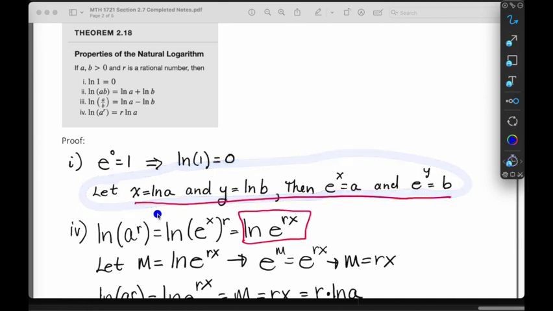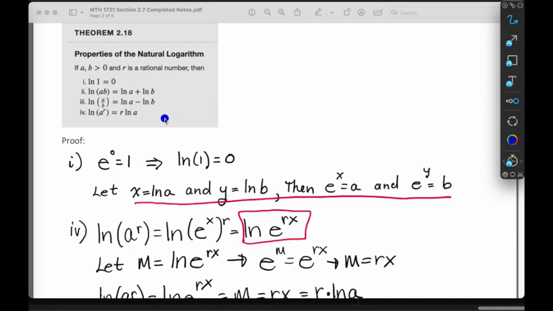I'm going to let x be the natural log of a, y is going to be the natural log of b, and then when we write these in exponential form, we get e to the x is equal to a and e to the y is equal to b. And I'm going to use this for the rest of these 3 proofs here.